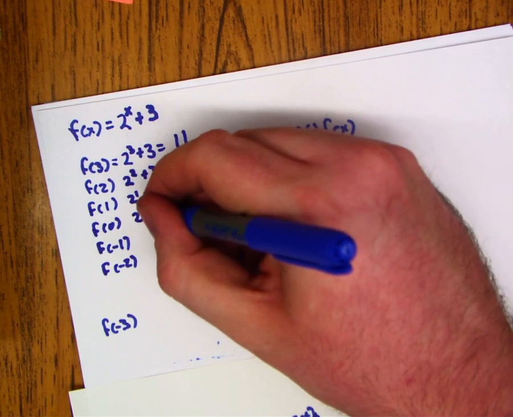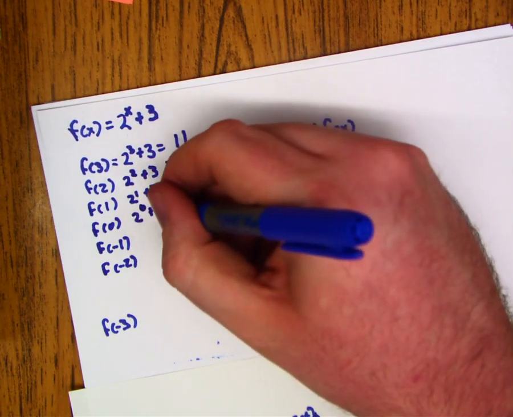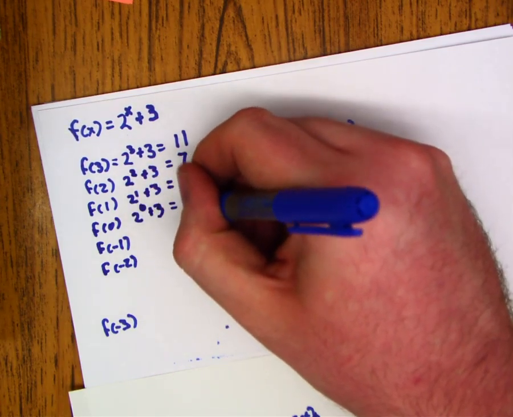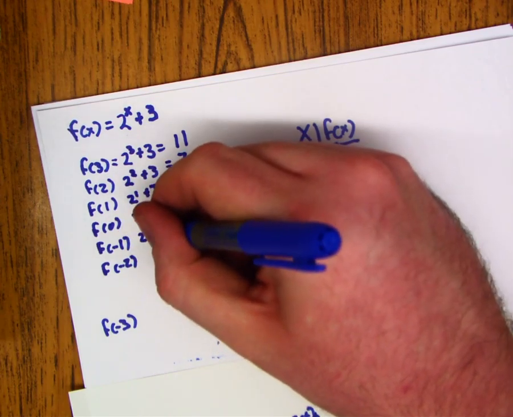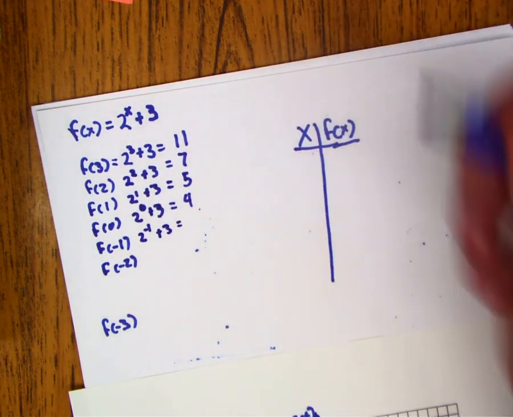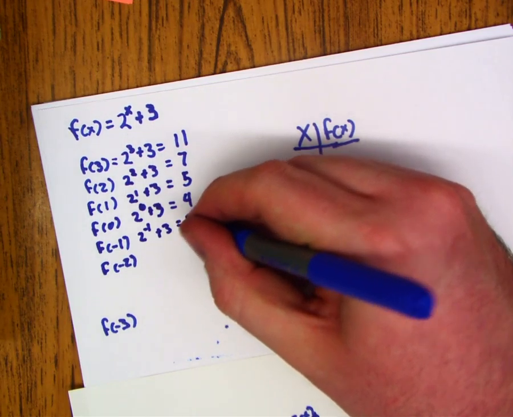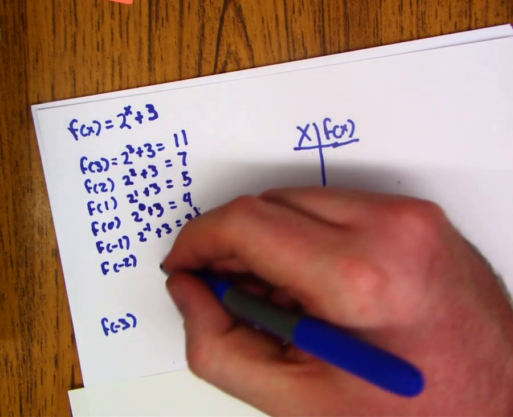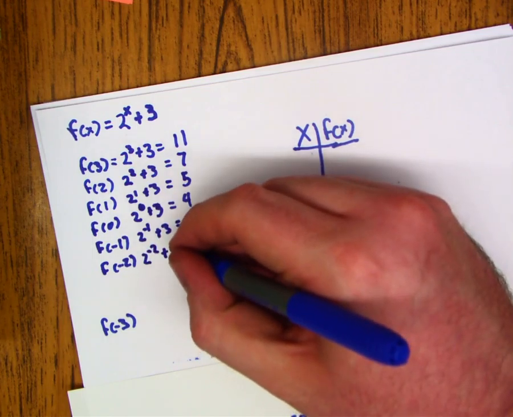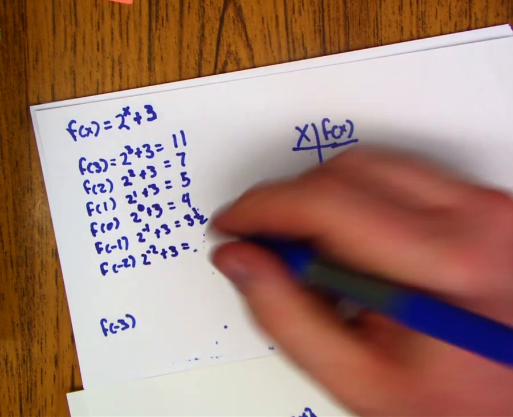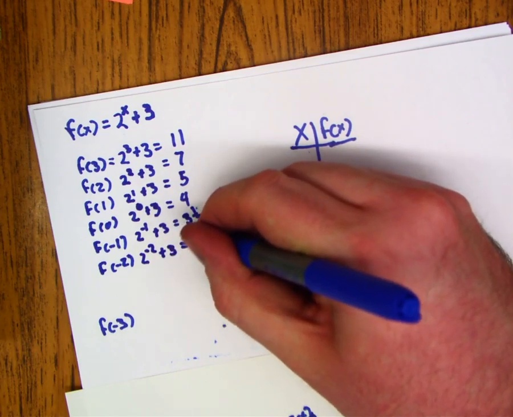Then 2 to the 0 plus 3. That'll give me 4. 2 to the -1 plus 3, which will give me 3 and 1/2. 2 to the -2 plus 3, which is equal to 3 and 1/4.